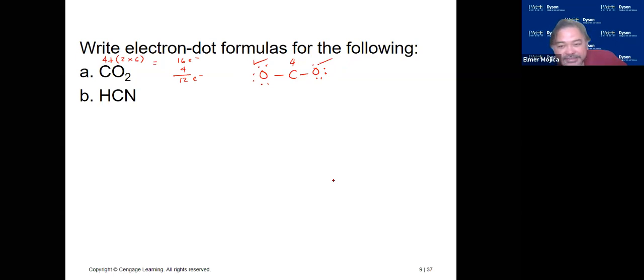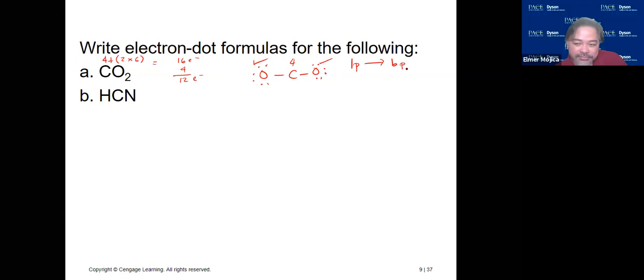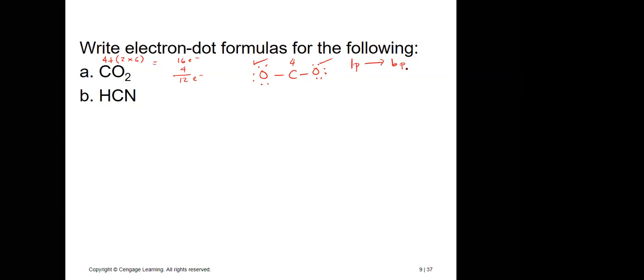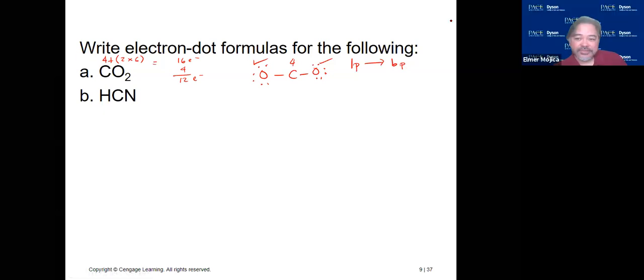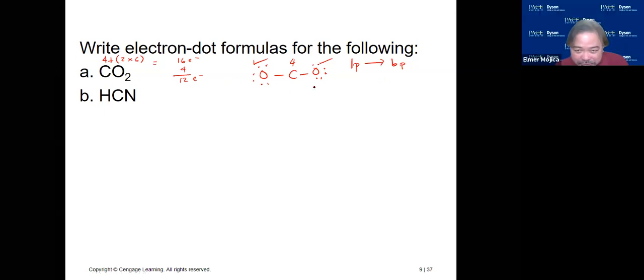Now the question is, where are you going to get that? In this case, we need to make another pair. Your lone pair can become a bonding pair. What does it mean? You take one valence electron from each oxygen. So you can have here more than one bonding pair. You convert your lone pair, maybe this one.